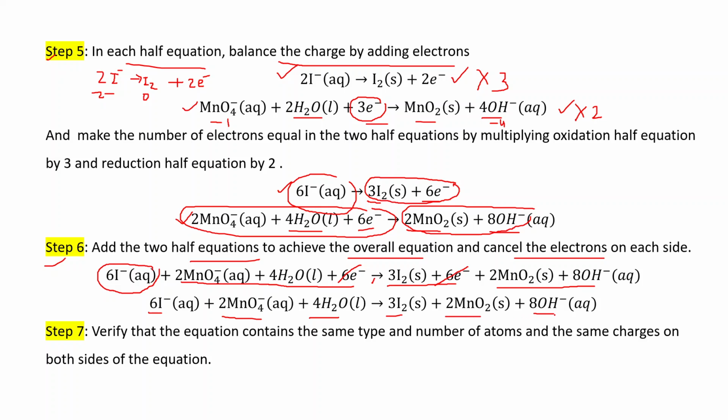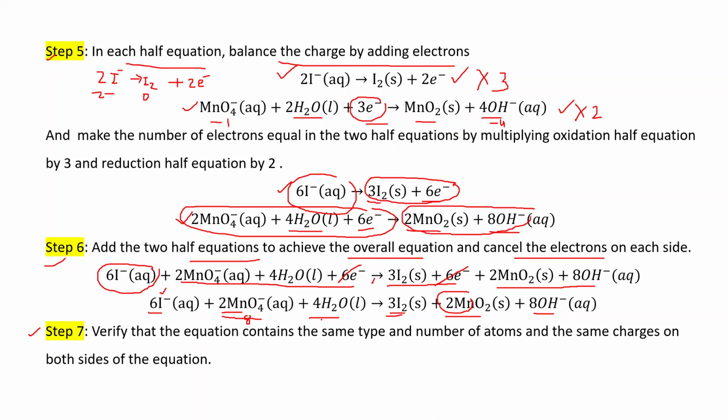And again step 7, verify the number of each atom should be the same on both sides, and charge should also be the same. So let us check: 6 iodine in the reactant side. This is 3I2, 6 iodine on the product side. Manganese in the reactant side, 2 Mn. In the product side again there are 2 Mn. Now check the oxygen. In case of 2MnO4 we can say 8 oxygen atoms are here.